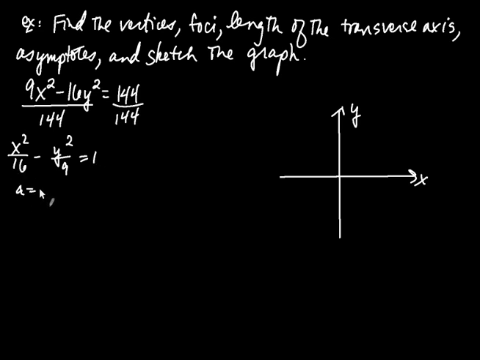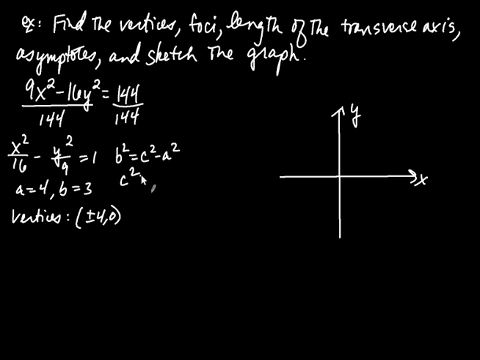So my a is equal to 4, and my b is equal to 3. So I'm looking at my vertices being positive, negative 4, and my foci. Now, the foci involves c, right? So recall that c squared is equal to a squared plus b squared.